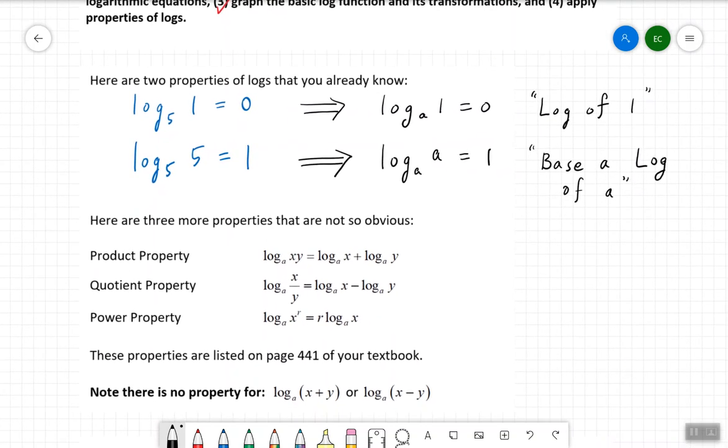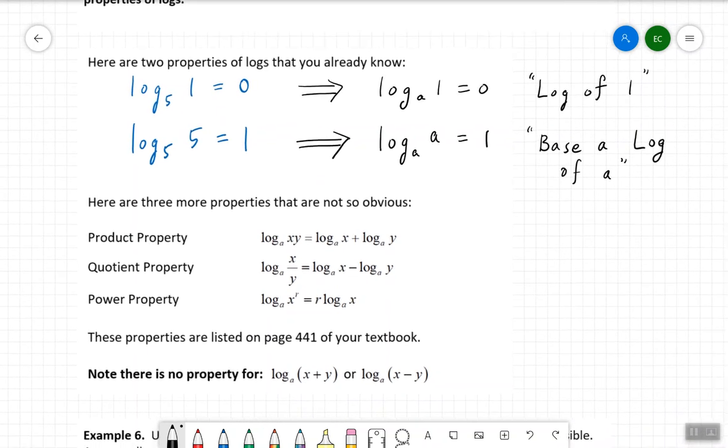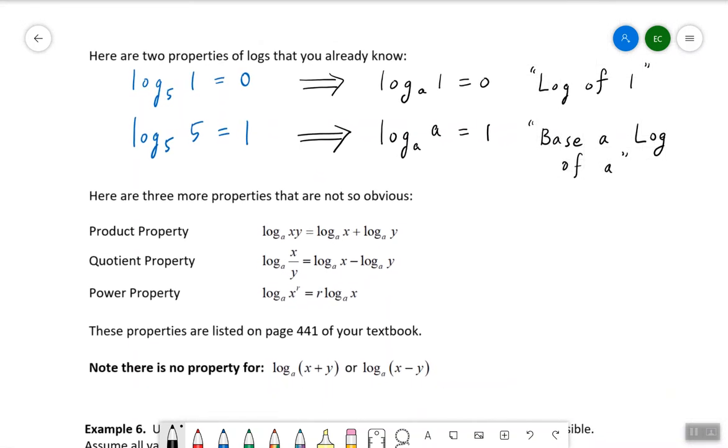And then here are 3 more properties of logs that are not so obvious. There's a product property, a quotient property, and a power property. And actually you can see all 5 properties on page 441 in the textbook. What does the product property say?